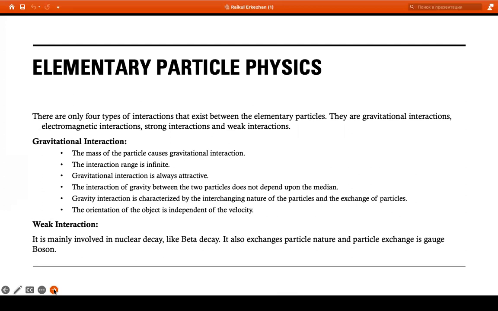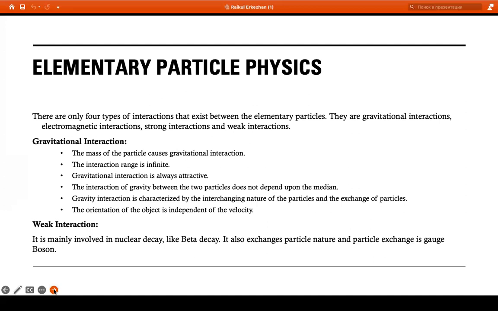The gravitational interaction has an infinite range and is characterized by the exchange of particles, and it depends on the velocity of the object. The weak interaction is mainly involved in nuclear decay, like beta decay.